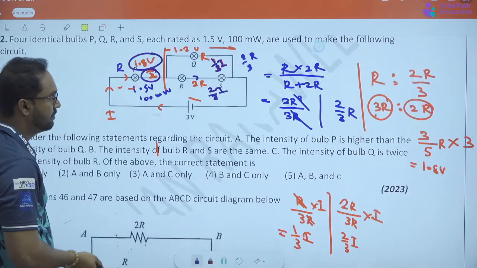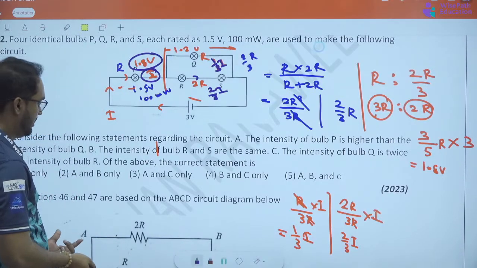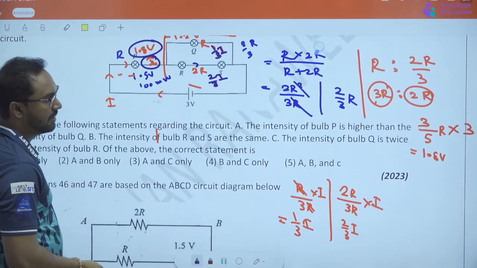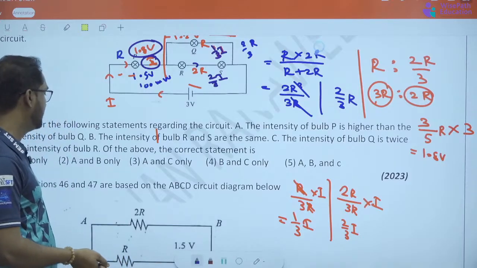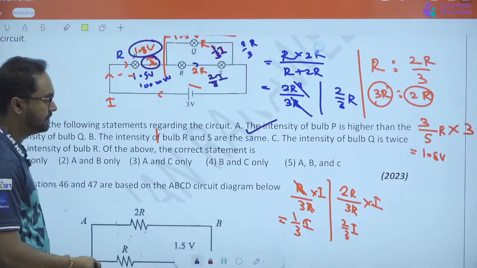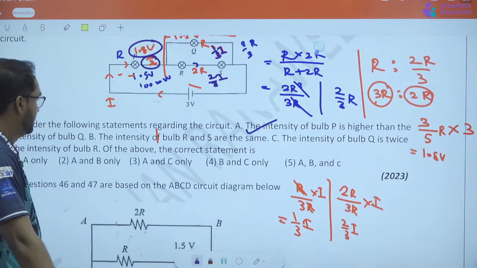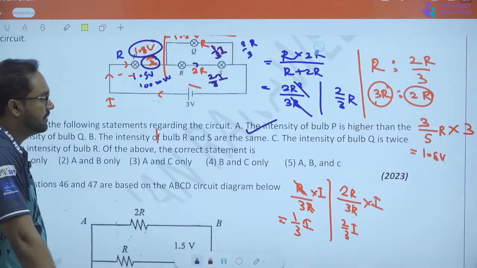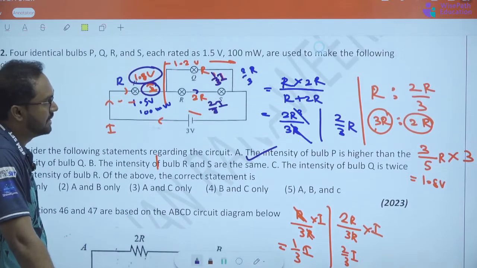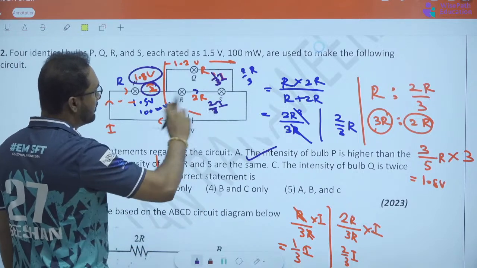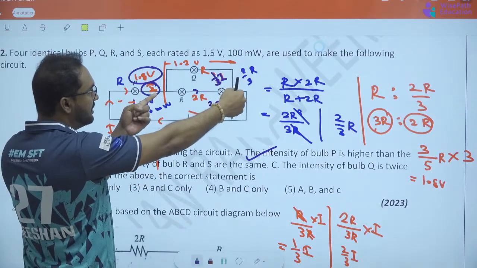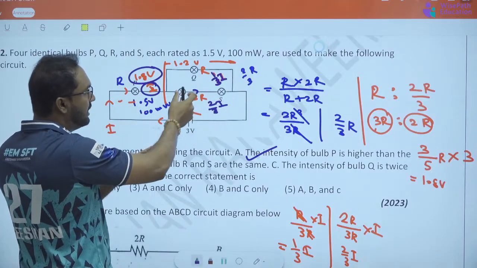So the intensity of P is of course greater than Q. So the first statement, the intensity of bulb P is higher than the intensity of bulb Q, is totally correct. B, the intensity of bulbs R and S are the same. Compare R and S. Both get the same voltage, because they have the same voltage difference of 1.2 and they are equal.